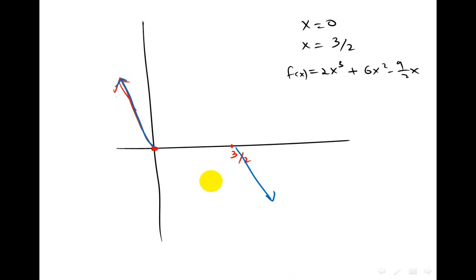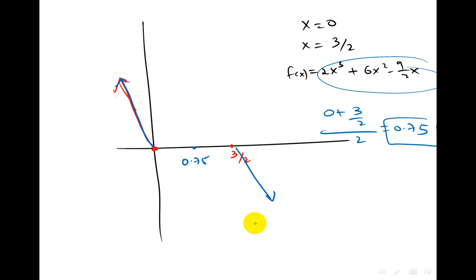So we do the same step, which is 0 plus 3 over 2 divided by 2. It will give you 0.75. So this will be 0.75. I must know the local maximum or minimum. So put this number in the original equation to find the local maximum or minimum.